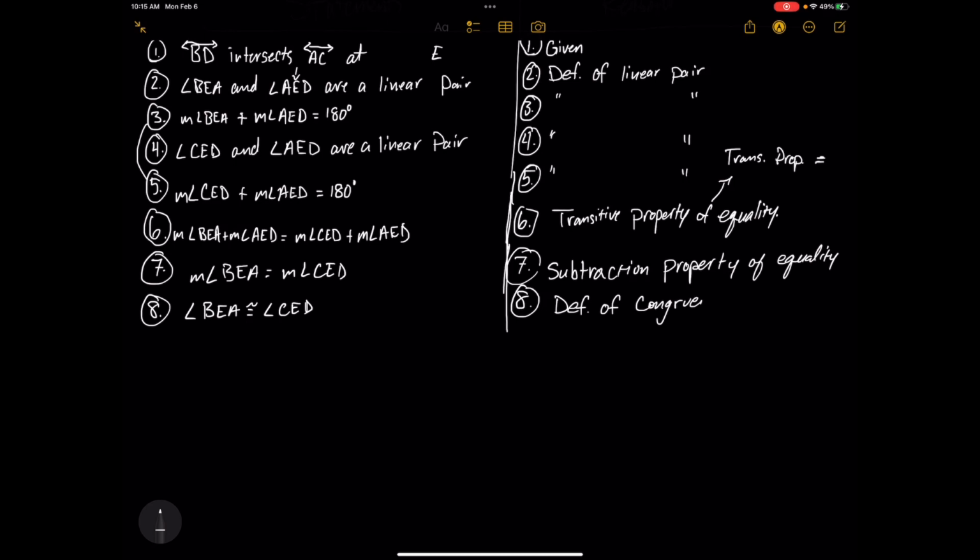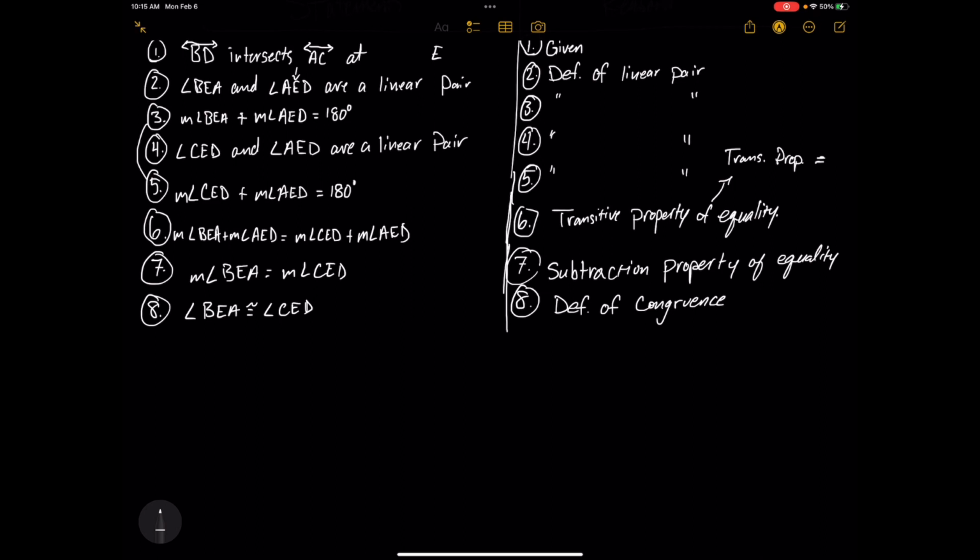Congruence. Congruency is not a word. Congruence means what do you think that means? Yeah, very good. So it's the definition of congruence. If two things have an equal measure, then those two things are congruent. If two angles have an equal measure, they are congruent. Very good. Look at us go.